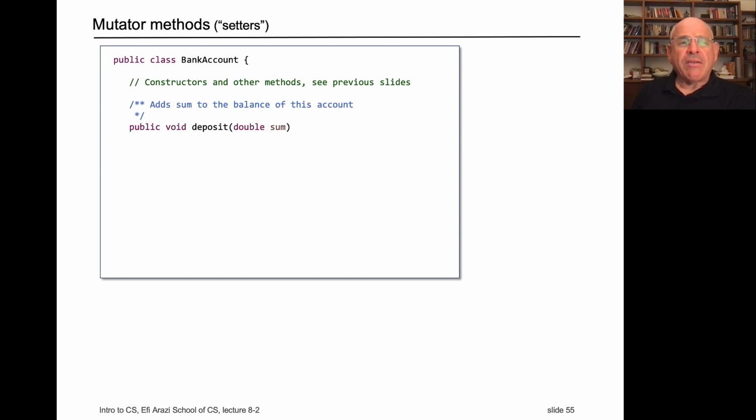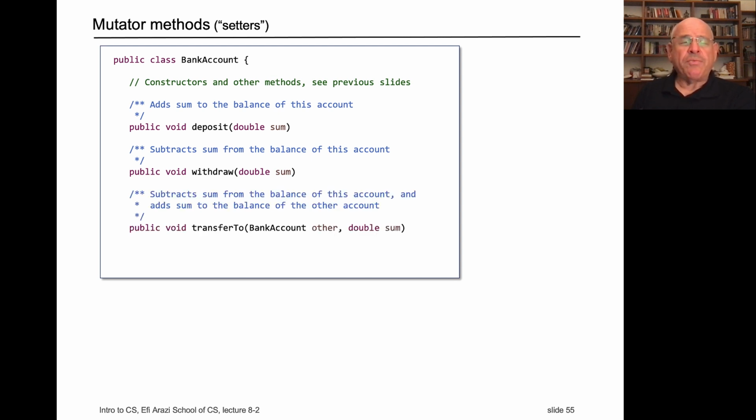So I have the constructors and the other methods, and I have this deposit method, the withdraw method, and the transfer to. And I see that these methods actually change the state of the object, right?